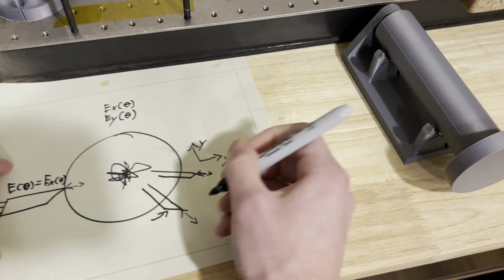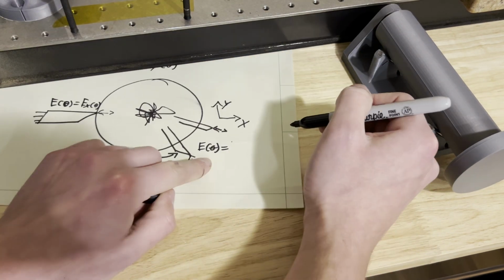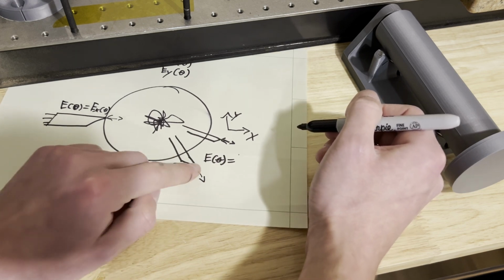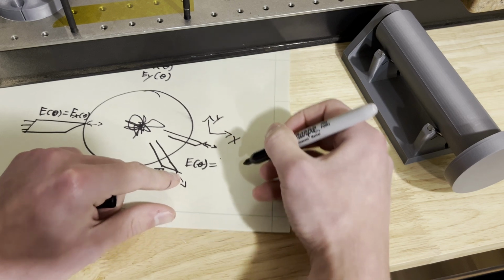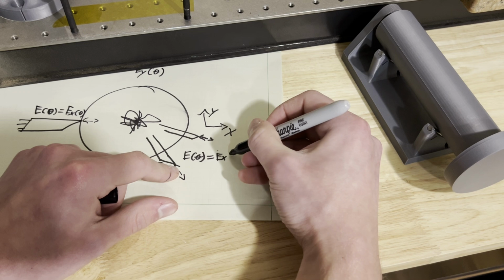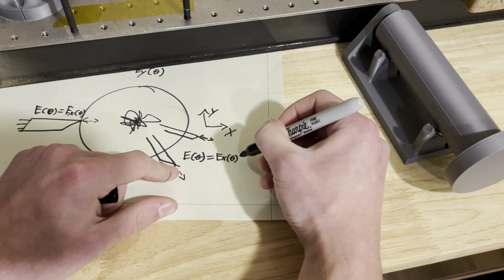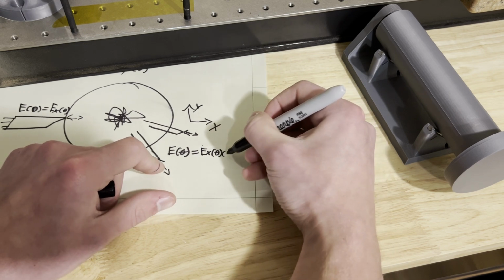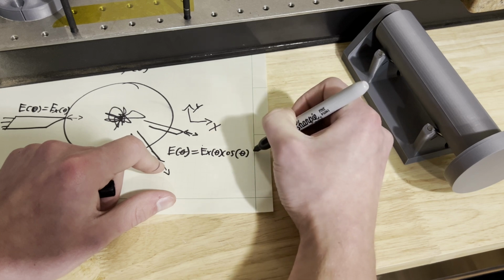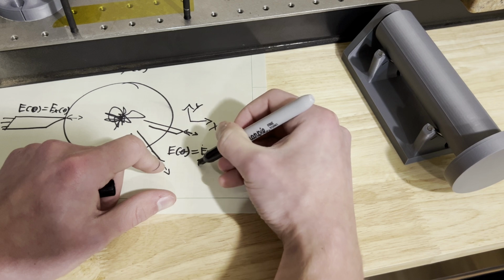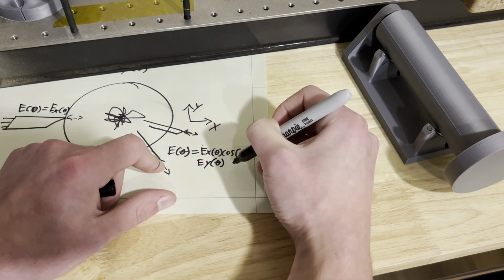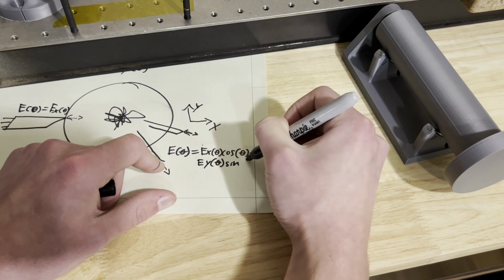And so we can write this one out and say our observed error motion for a rotating sensitive direction case is now going to be the error motion in x, which is a function of theta, times cosine of theta, plus the error motion in y, which is a function of theta, times sine of theta.